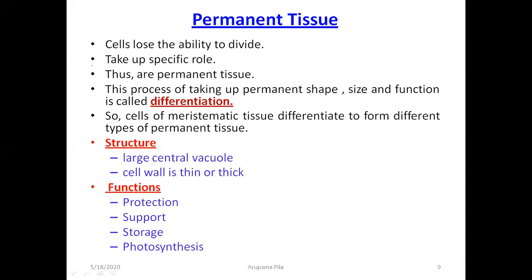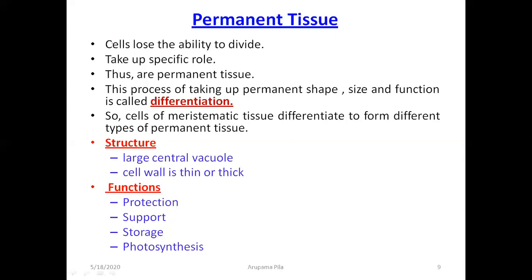So let's read it. And the cells which are already divided, they get mature. The meristematic tissues are immature, and these cells which become mature, what happens? They lose the ability to divide. Okay, these cells, they lose the ability to divide.